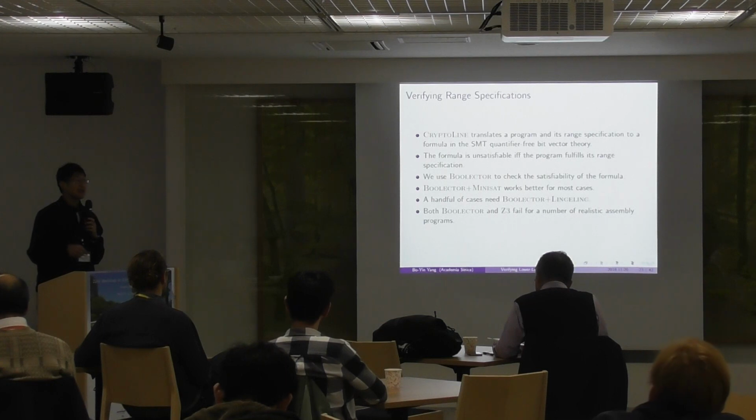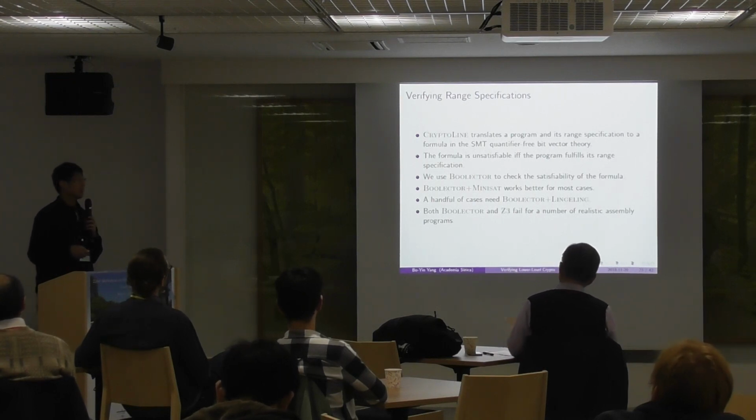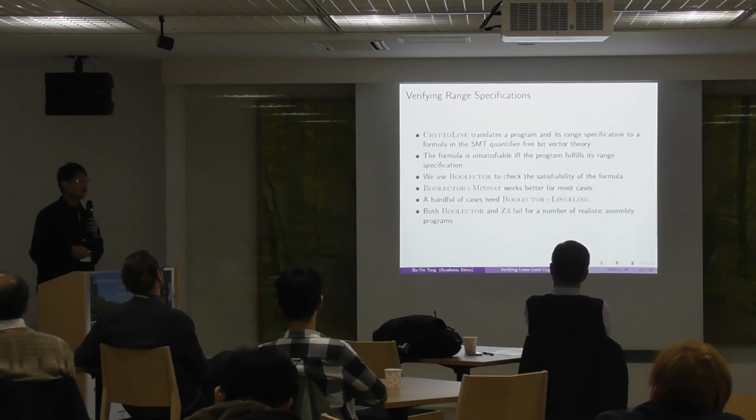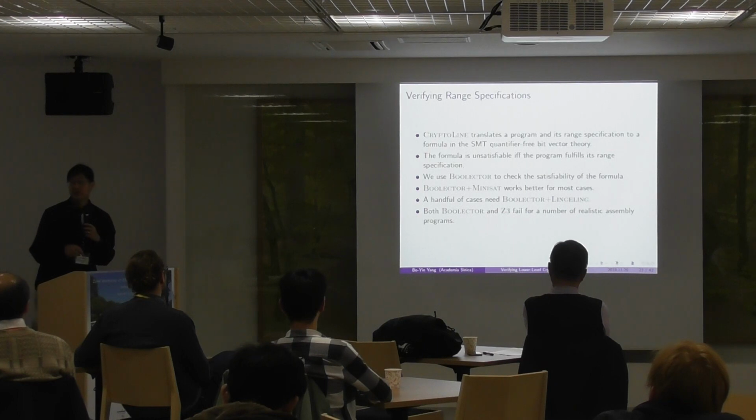One is that it says that your formula is not satisfiable, and in some cases it will certify the answer, but not all of the times. Some of the time it just runs without stopping, and you know that this is not a good result. And sometimes it says it is satisfiable, which means that in our case, our program has a bug, and the solver will return a result which tells you that you have a problem.